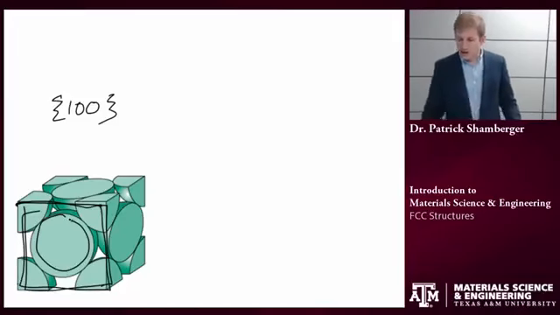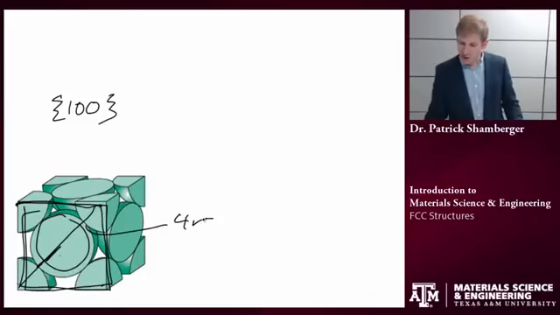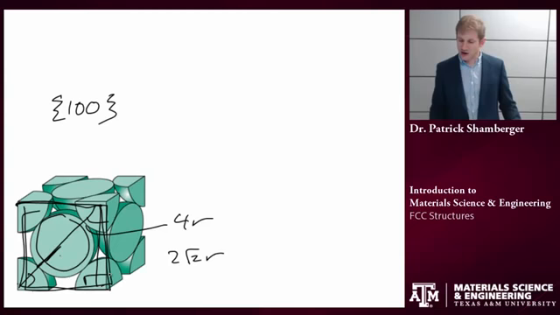So if I were going to calculate relevant lengths, this being the radius of the sphere there, the hypotenuse is 4r. The side here is going to be 2 square root of 2r because it's a 45, 45, 90-degree triangle. And so from these dimensions, you can calculate planar densities of this plane.